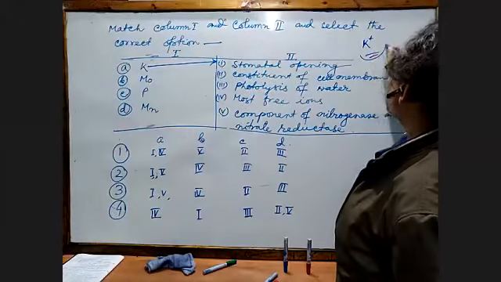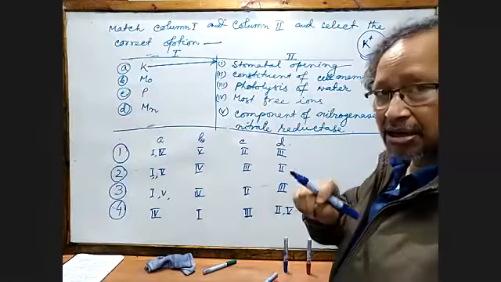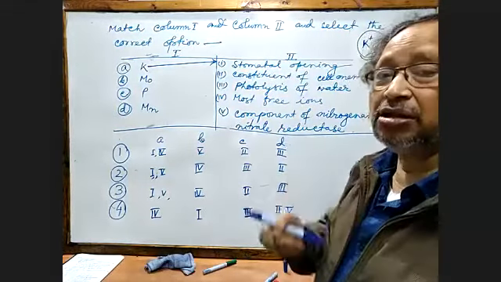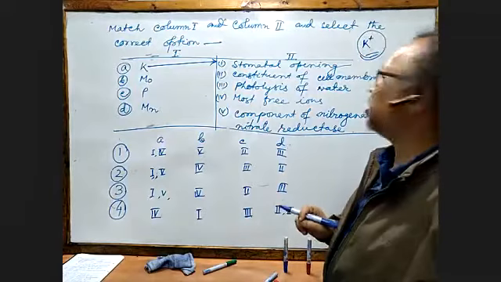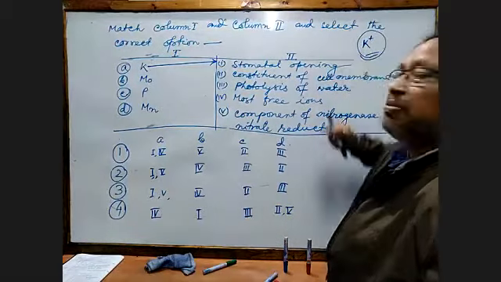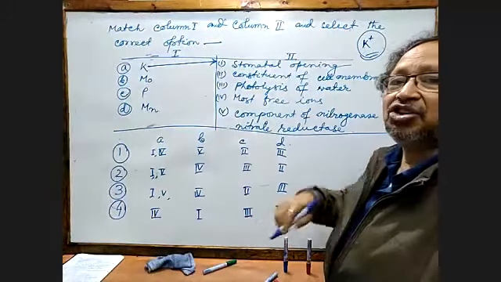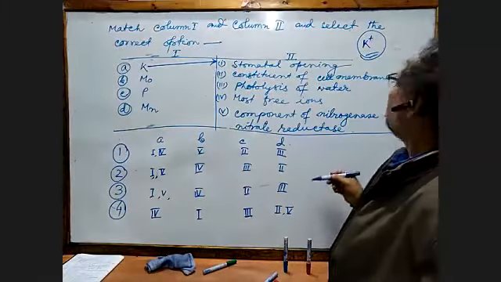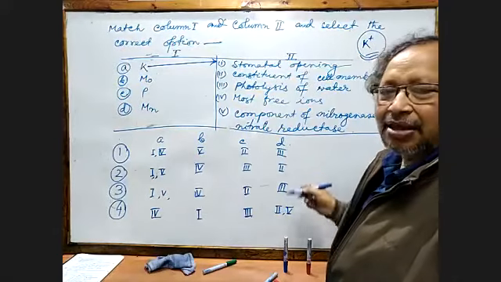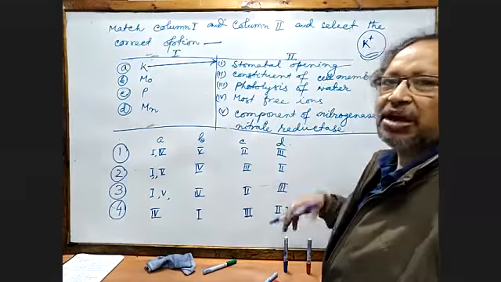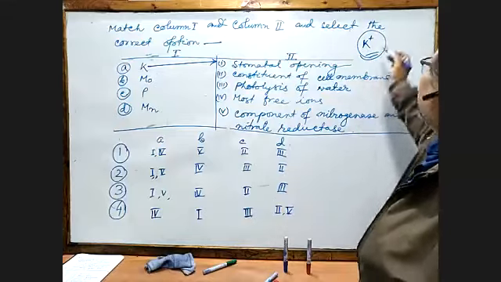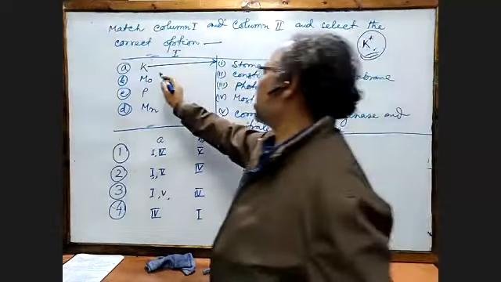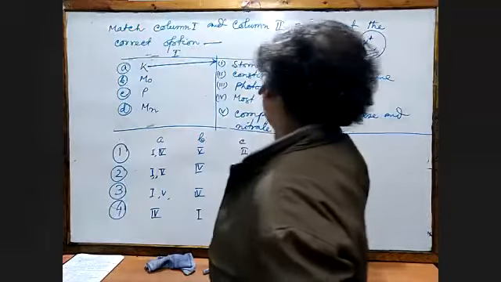We have already learned in the chapter on transpiration that the modern theory of stomatal movement is due to the movement of potassium ion, that changes the osmotic potential of the guard cell, and that's why water moves, turgidity changes and the stomata open. So this is the one that is correct. Potassium is for the stomatal opening.